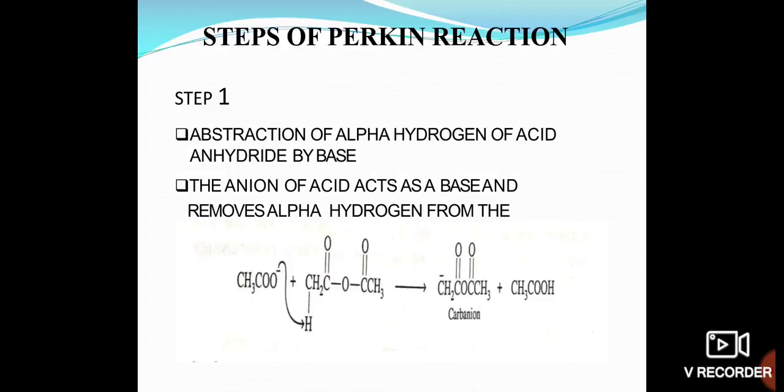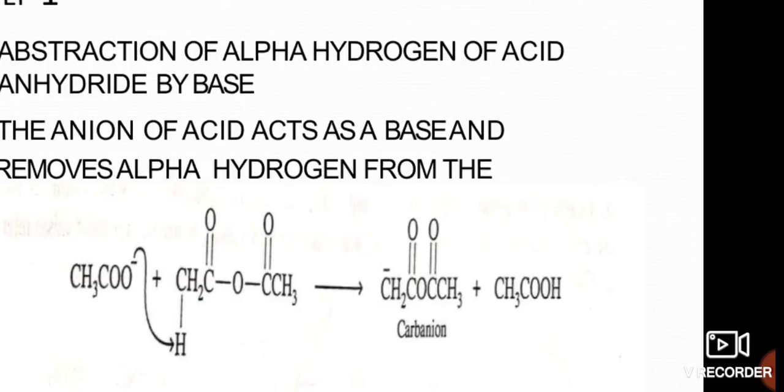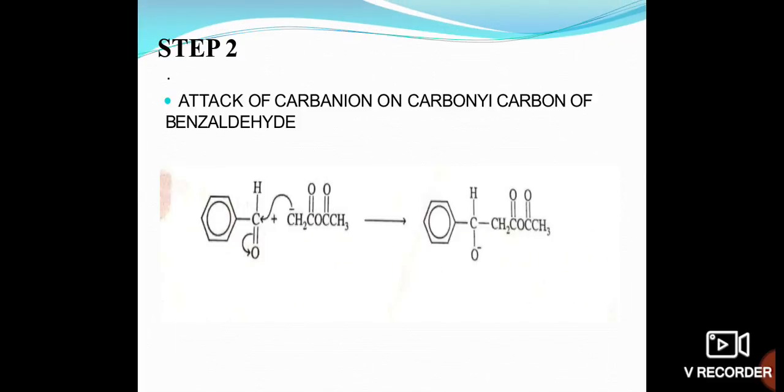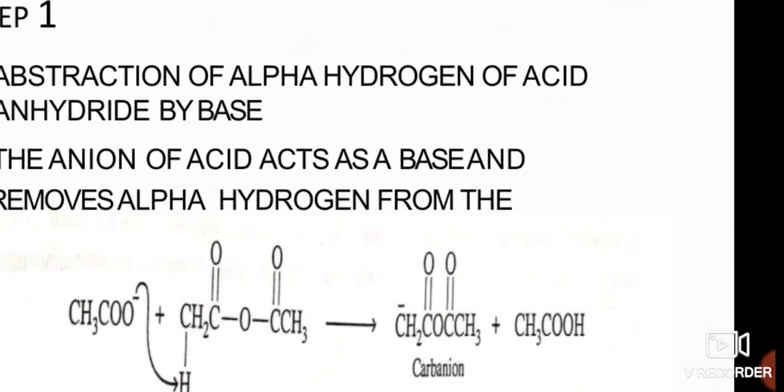Here the acetate ion acts as a base and removes a proton from acetic anhydride to form a carbanion like this. Step 2: attack of carbanion on carbonyl carbon of benzaldehyde. In the first step we formed a carbanion.